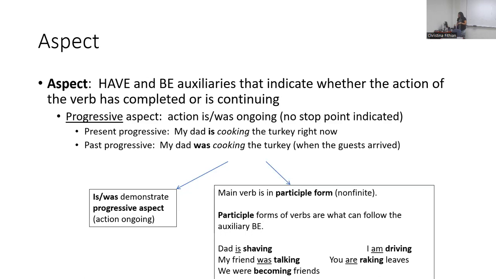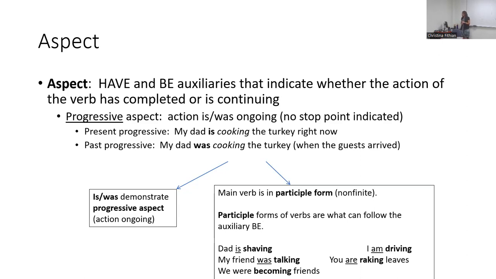And then anytime you have some version of be and then a verb after that, the verb after that will always be in another participle form, a different participle form, that ends in ing. And this one is a lot more regular than the one we saw with auxiliary have. Any verb after is or was or any form of be is going to have ing at the end of it.